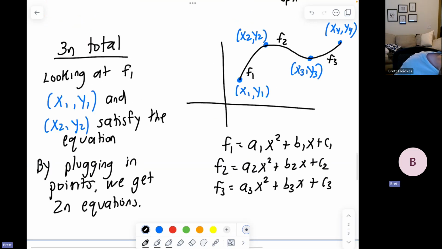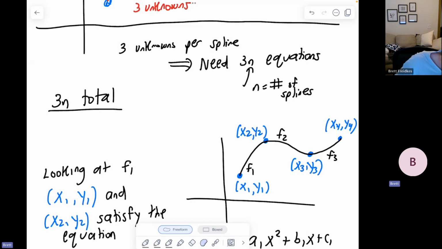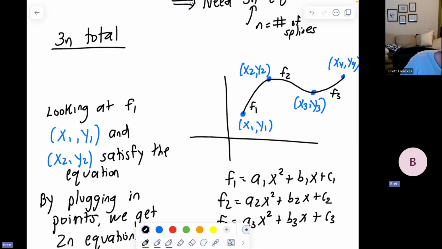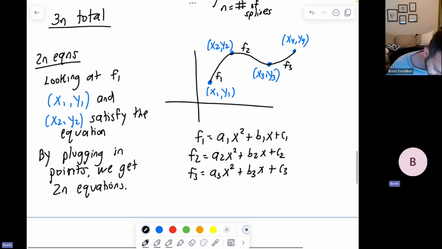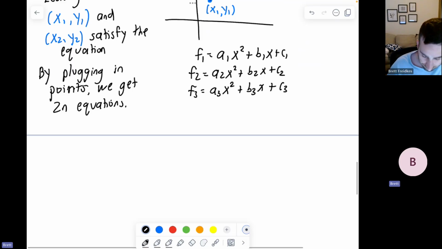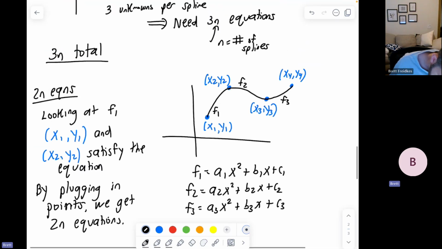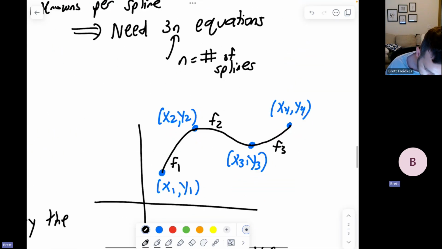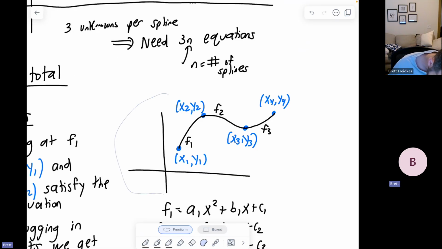So maybe what I'll do, let me move this up. So we need 3n total. Oops, that's a little too far up. Maybe I'll say the first, we'll say 2n equations. Those are the first group. The next group of equations comes from the derivatives. So let's look. We need the derivatives to be continuous.